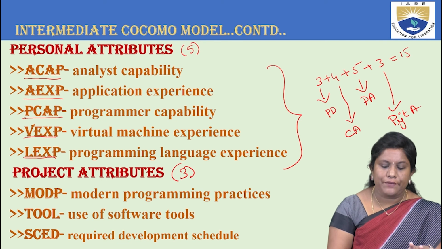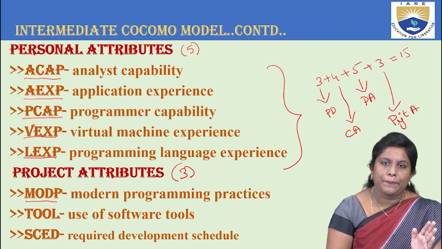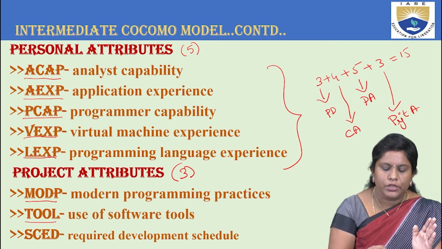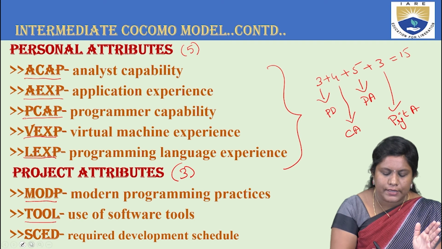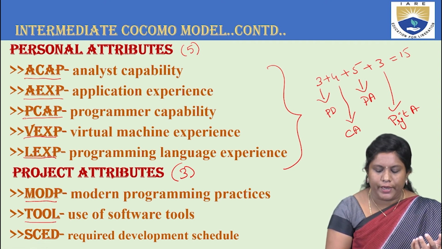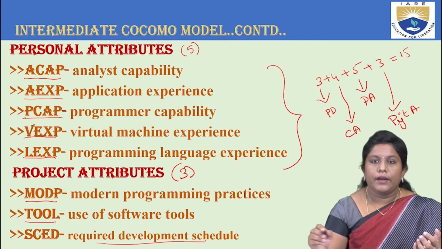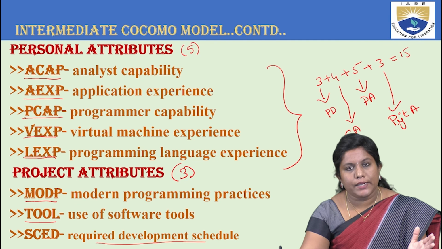Now, under this, we have 3 things. MODP is nothing but the modern programming practices. Then TOOL, use of the software tools that are required. And the last one is SCED, that is the development schedule time, or the required development schedule. That's nothing but the last one, that is the project attributes.